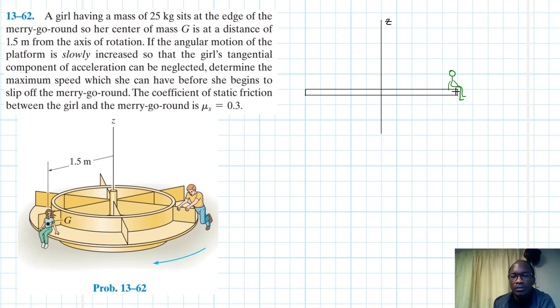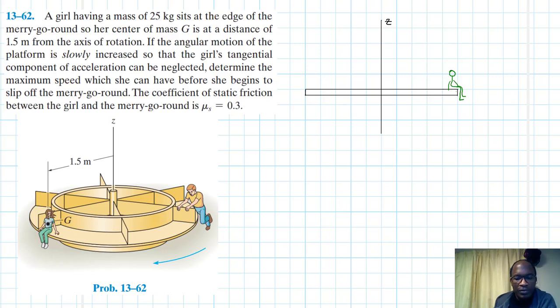Of course, this is going in this direction, a clockwise direction, and we have our tangential component coming out of the screen. We are not interested so much in that one.